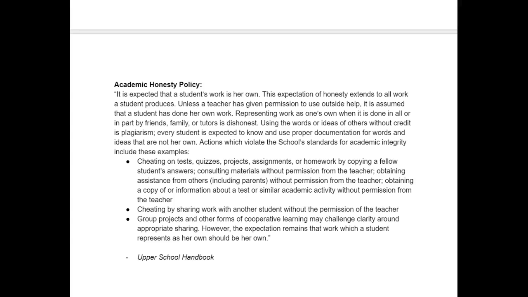Cheating would be like putting both names on the paper that you collaborated on, or if one student actually copied the work of another and tried to hand it in as their own. Both of those would be considered cheating. So collaboration is definitely advised. Cheating is definitely frowned upon.